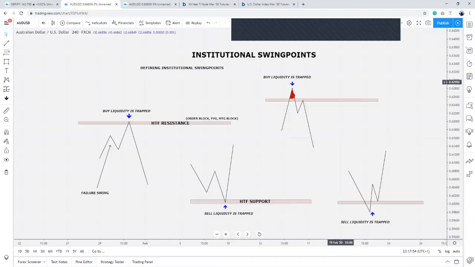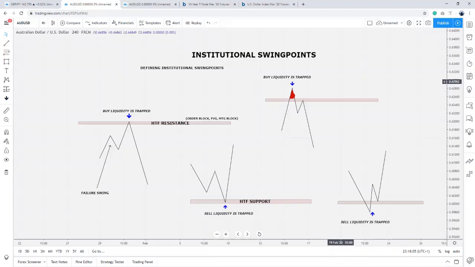As regards to institutional trading, I know there are lots of reversal patterns out there on trading PDFs, free tutorials on YouTube, and different mentors with different types of reversal patterns in forex.